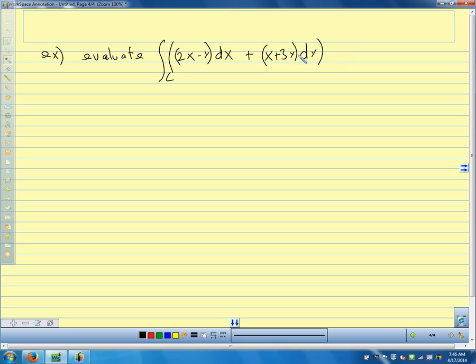And along our curve, C is an arc on y equals x to the 3/2 from 0, 0 to the point 4, 8.